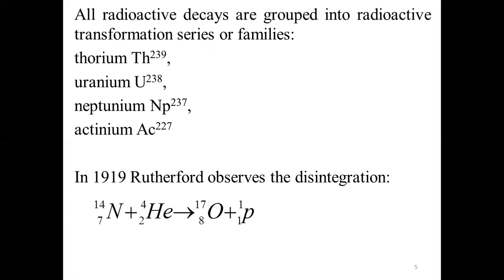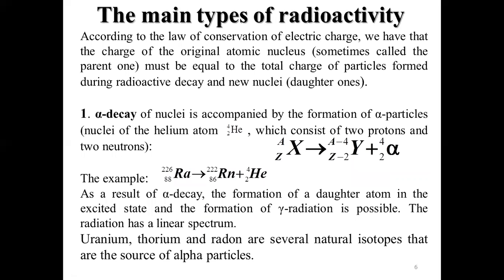It was the first observed nuclear transformation. Then, according to the law of conservation of electric charge, the charge of the original atomic nucleus, sometimes called the parent nucleus, must be equal to the total charge of particles formed during radioactive decay and the new nucleus, the daughter nucleus.